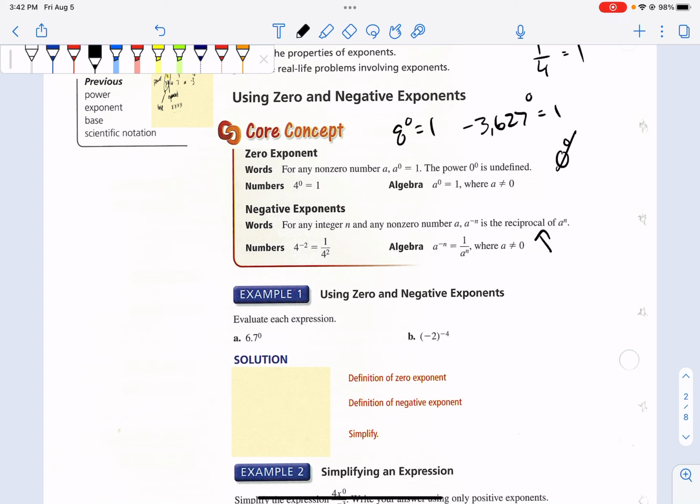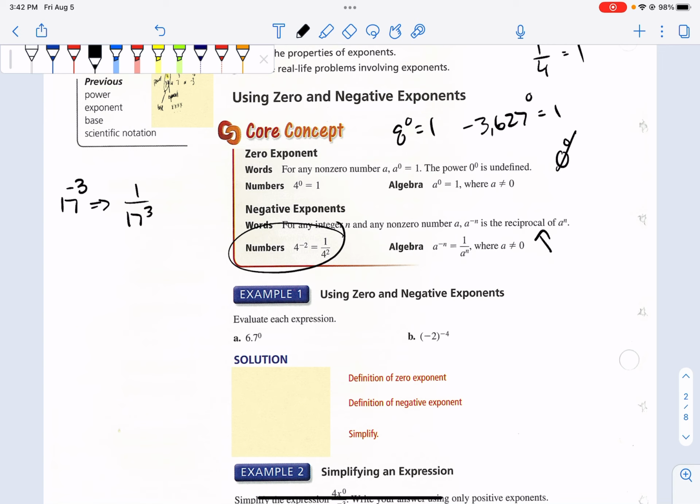So if I have a number, there's an example right here. 4 raised to the -2 power is equal to 1 over 4 to the 2nd power, which is really cool because to get rid of a negative exponent, all you have to do is move it up or down a fraction, okay? If I have 17 to the -3rd power, that becomes 1 over 17 to the 3rd power.